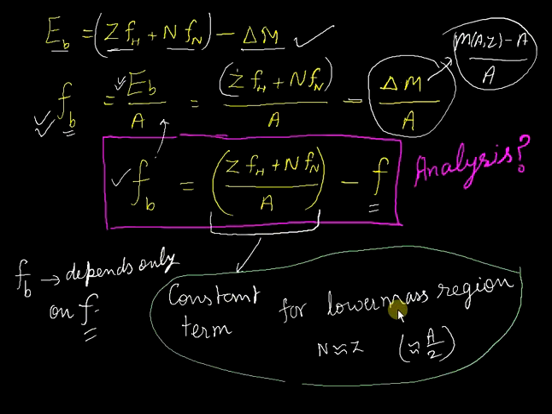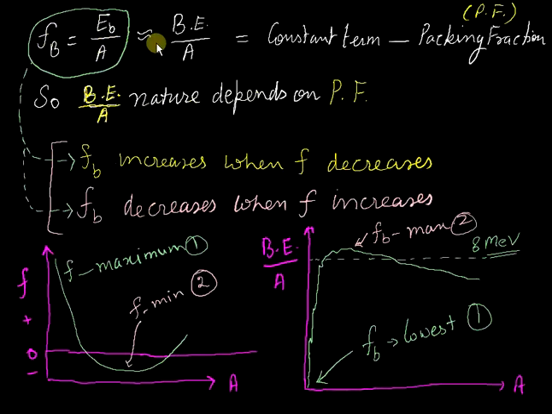So here this term is constant, and for the lower mass region, FB is equal to EB by A, which corresponds to the binding energy per nucleon, equal to the constant term minus the packing fraction. I know the concept. What we are doing here, I am just reminding you in this flow, is trying to correlate the packing fraction and the binding energy curve: how the binding energy per nucleon curve depends on the packing fraction.